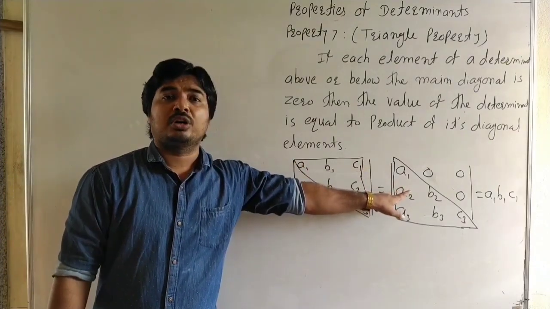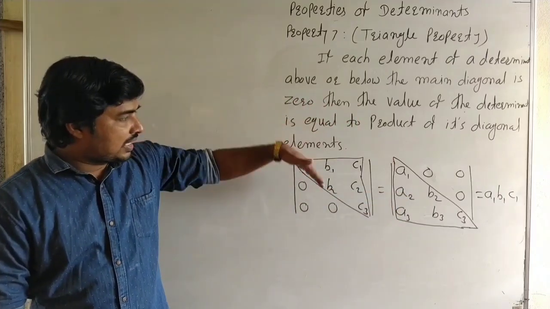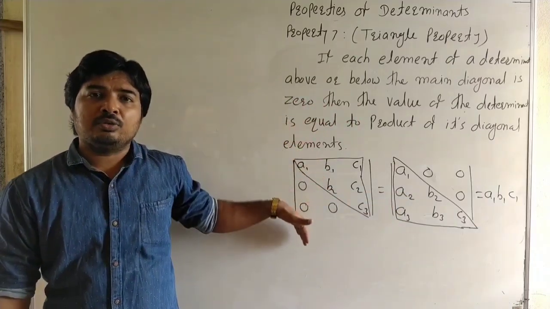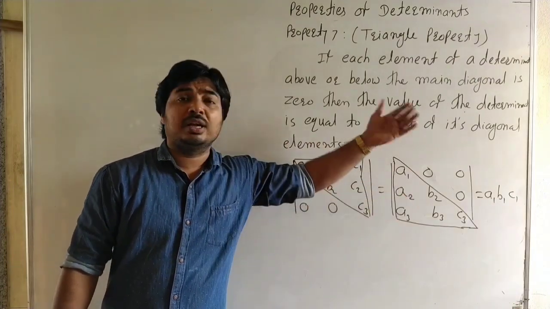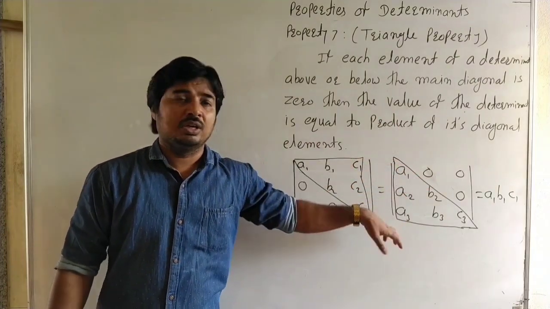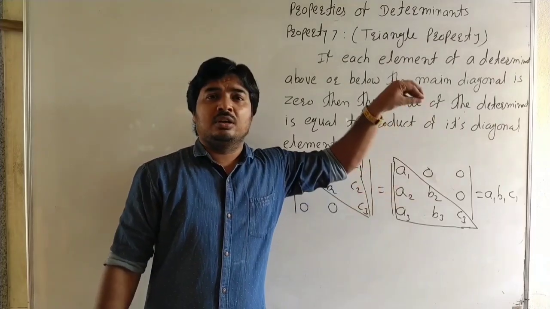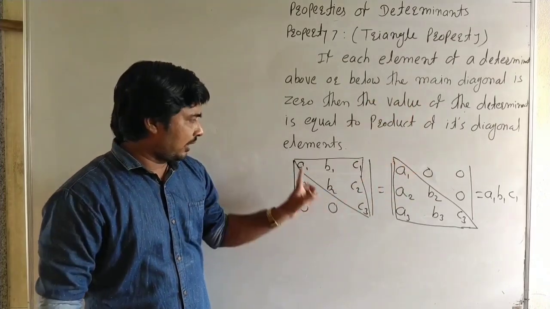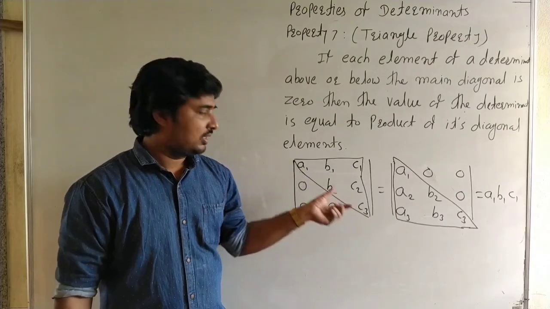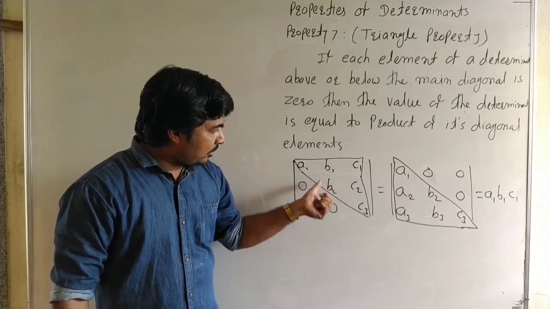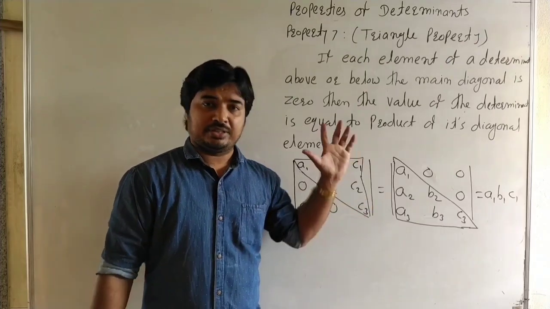And when all elements above the diagonal are 0, it is a lower triangular determinant. So it is called the triangular property. When all elements below the diagonal are 0 it is upper triangular, and when all elements above the diagonal are 0 it is lower triangular. The determinant of a triangular determinant is the product of the diagonal elements.